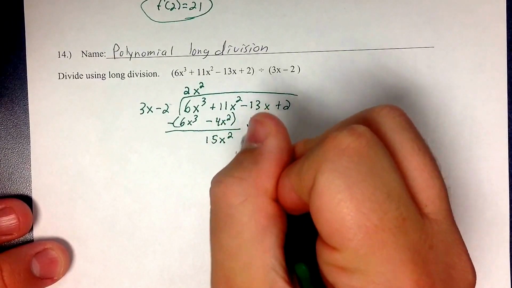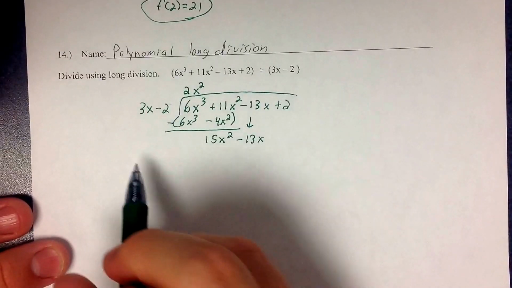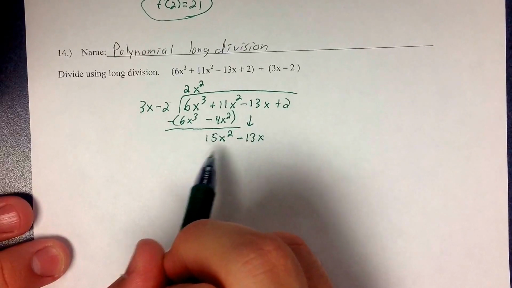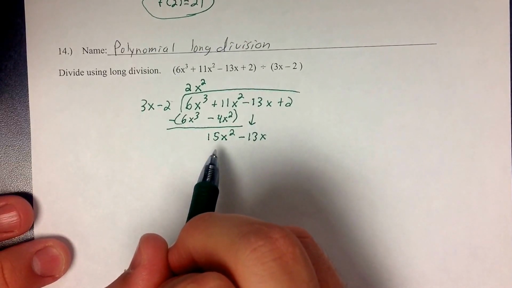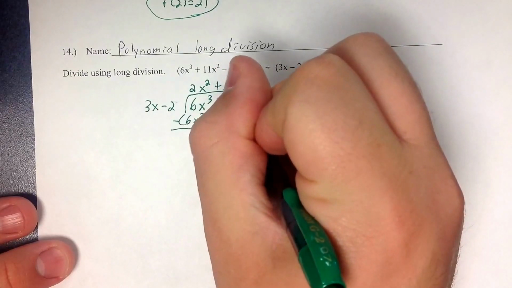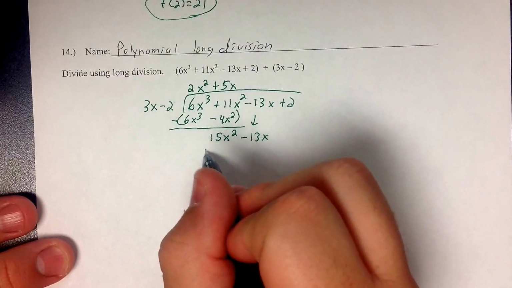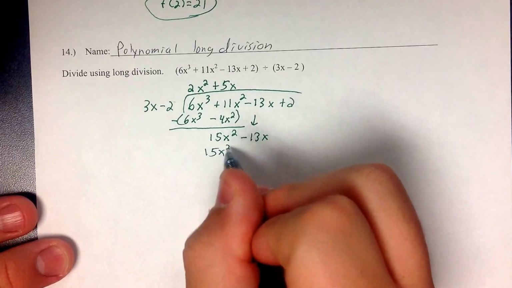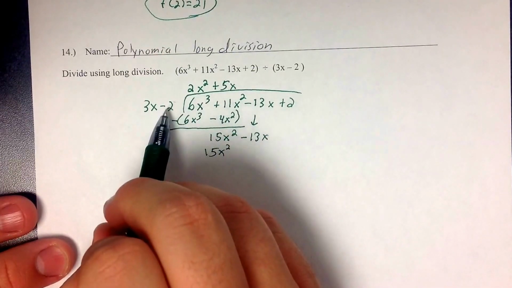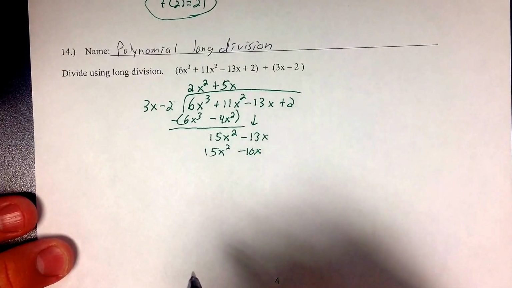Then if you want to bring down the negative 13x, 3x goes into 15x squared 5 times plus an x, and an x, so 5x. So 5x times 3x is 15x squared. 5x times negative 2 is negative 10x.